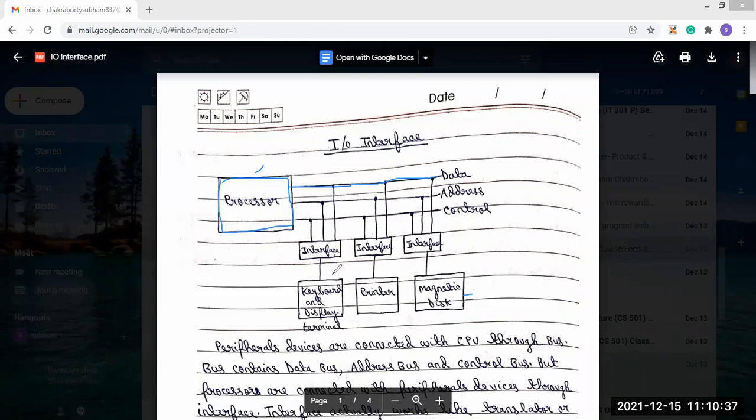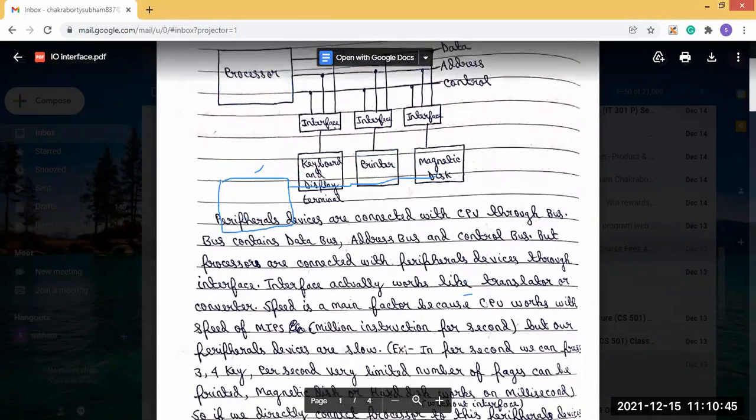The purpose of using the interface is that it works like a translator or a converter. Why is the interface used? Basically for the speed factor. When I discussed cache memory organization, I said there is the CPU with a cache memory associated with it, then the RAM, and after that the secondary memory.